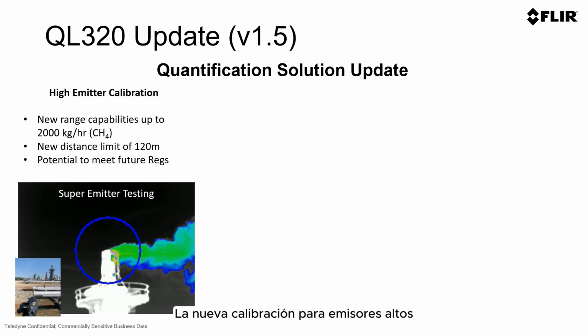The new high emitter calibration allows the use of the technology at calibration range up to 500 kilograms per hour and extends the working distance for these high emitting events out to around 120 meters. This does have the potential to meet future regulations as it relates to super emitter calibration and also allow operators the ability to measure an event to ensure that it is under any super emitter regulatory requirement.